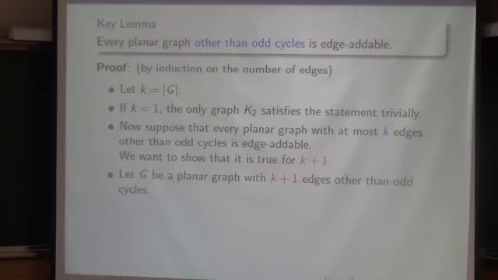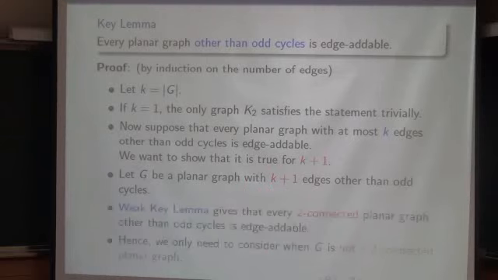Let G be a planar graph with k plus 1 edges other than cycles. First, we have the weak key lemma. The weak key lemma gives that every 2-connected planar graph other than cycles is edge-addable. Hence we only need to consider when G is not a 2-connected planar graph. Okay?